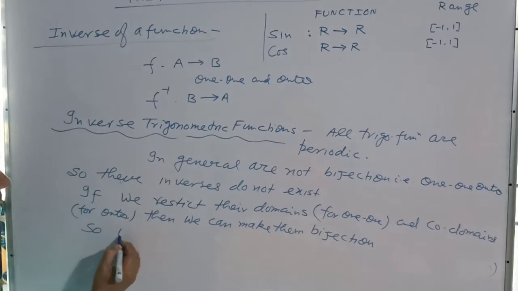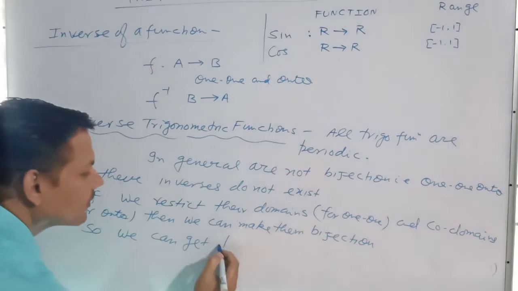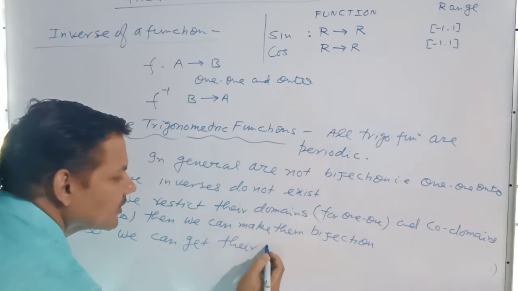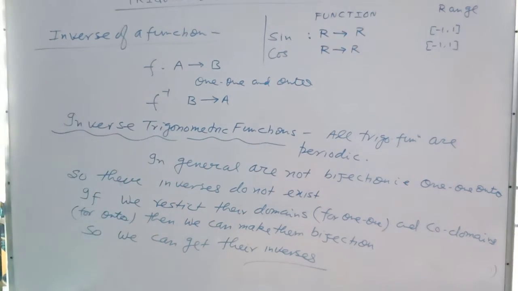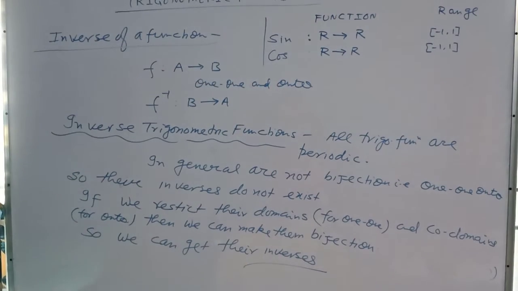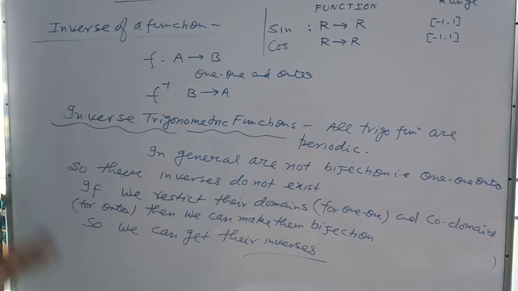So we can get their inverses. This is the discussion. It means to get the inverse, we have to change their domain as well as their codomains.